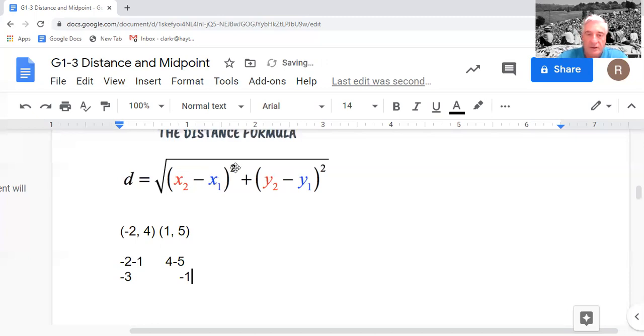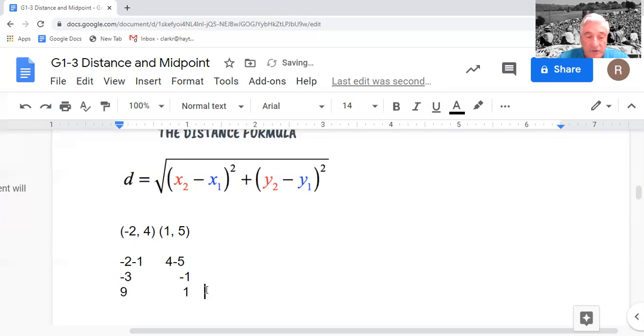Now the formula says we square these. When we square them, minus 3 times minus 3 is a plus 9. Minus 1 times minus 1 is 1. Add those up together. That equals 10. And then we're going to take the square root of that.